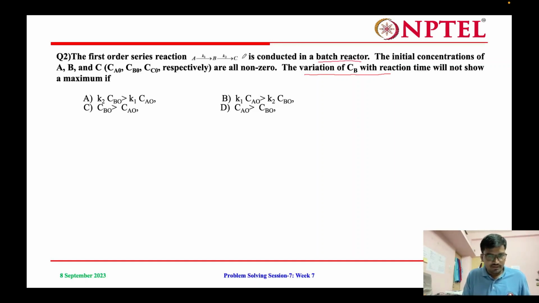So here is the reaction given. The initial rate for A is minus K1 CA, for B it is K1 CA minus K2 CB, and for C it is K2 CB.